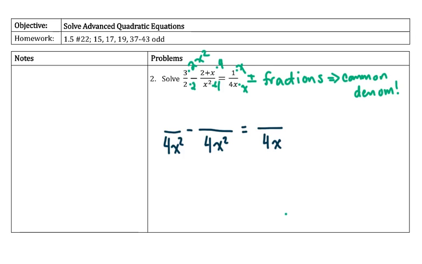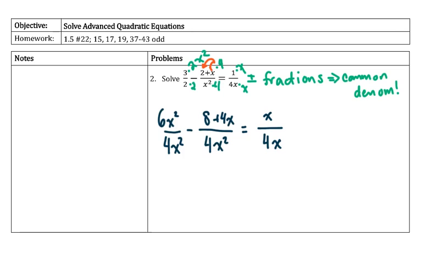So then our numerator for the first term is 3 times 2x squared. So we end up with 6x squared minus 2 plus x times 4. You're going to make sure that you distribute that. So that'll be 8 plus 4x equals, and now it's just 1 times x on the last term, so x.